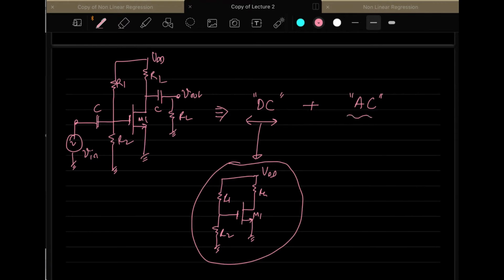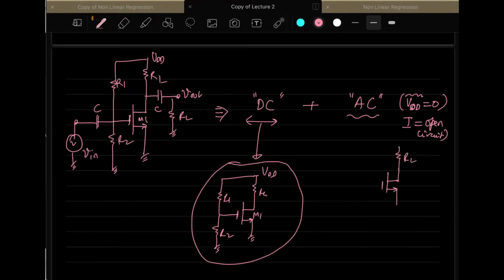And when you are doing AC analysis, you have to short the VDD to ground, and if there are any current sources, you have to make them open circuit. This is what you have to do when you are doing small signal analysis. The VDD voltage sources will be grounded. So if that is the case, your MOSFET M1 will become like this.